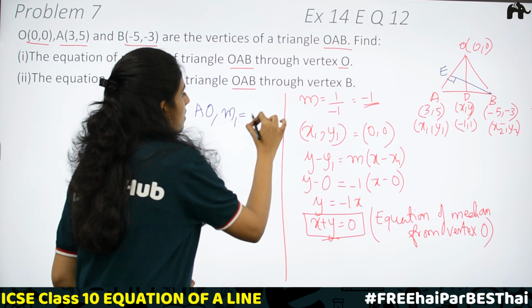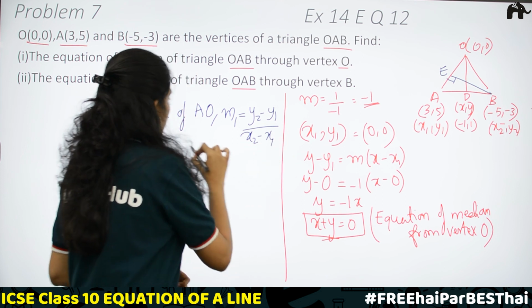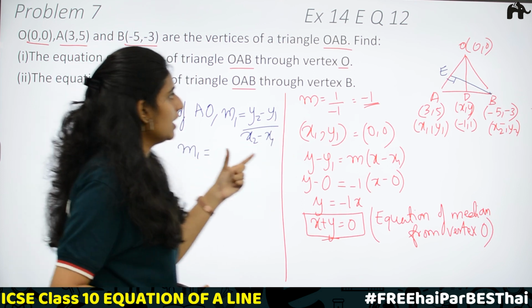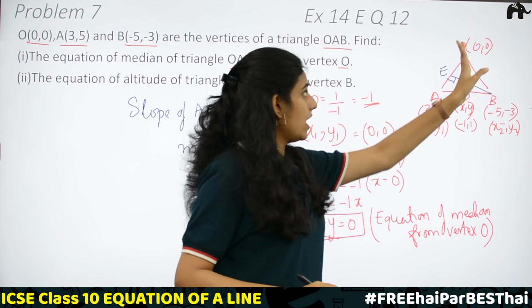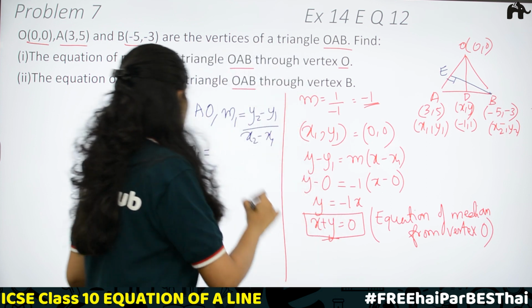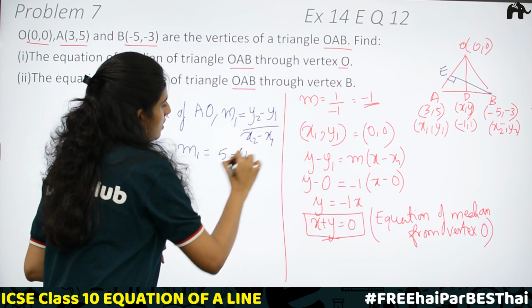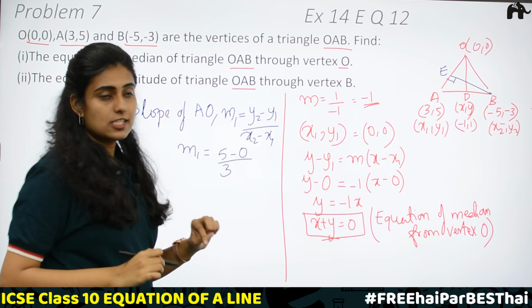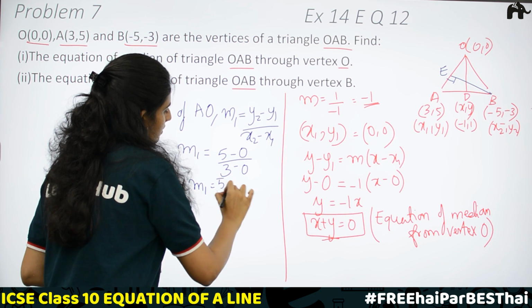M1 is equal to (y2 minus y1) divided by (x2 minus x1). Here I am taking the coordinates of O as x1, y1 and that of A as x2, y2. We will be getting y2 is 5 minus y1 is 0, divided by x2 is 3 and x1 is 0. M1 is equal to 5 divided by 3.